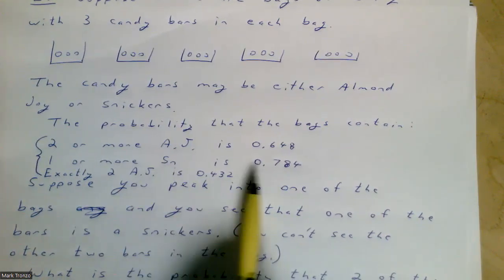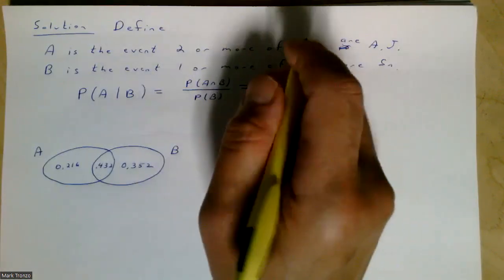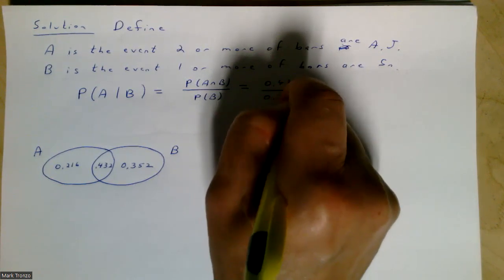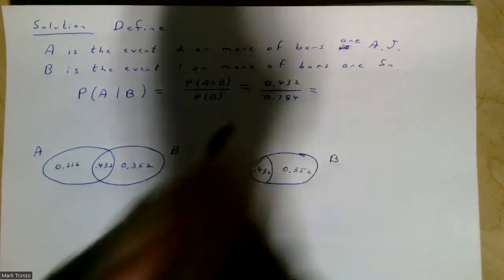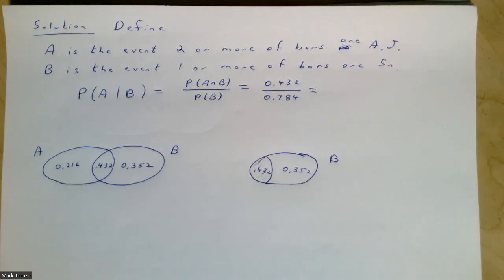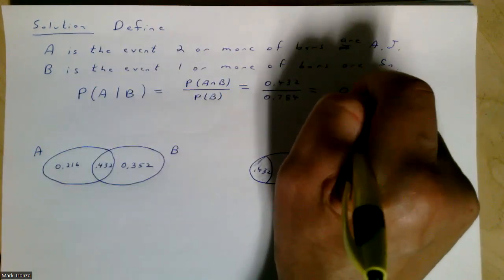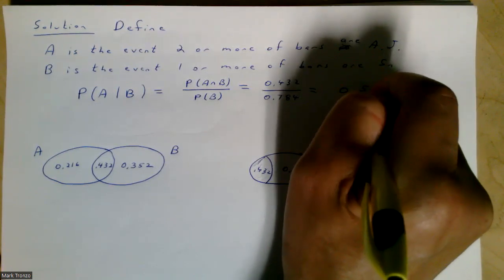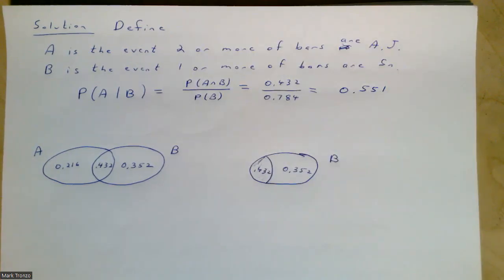And the probability of B, of course, that was given, the 0.784, which, of course, is the same as the sum of these two. And when you calculate that, we get the probability of 2 almond joys being in the bag is 0.551.